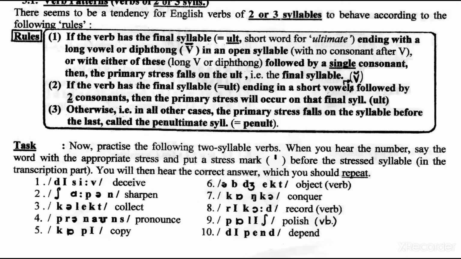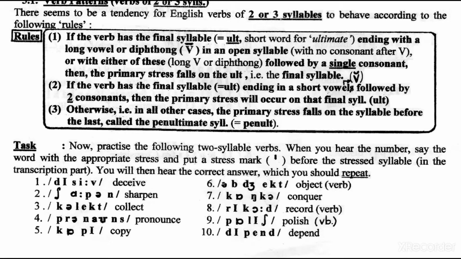This rule has 3 sub-rules: Rule 1a, Rule 1b and Rule 1c. We start with Rule 1a. Here in the box it's 1, but it's a, not 1.